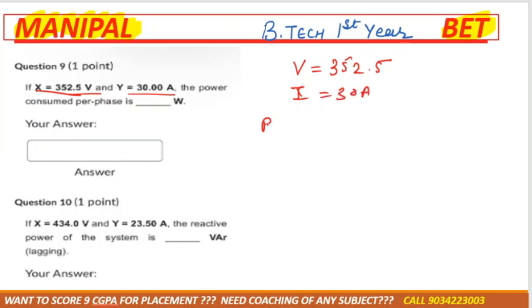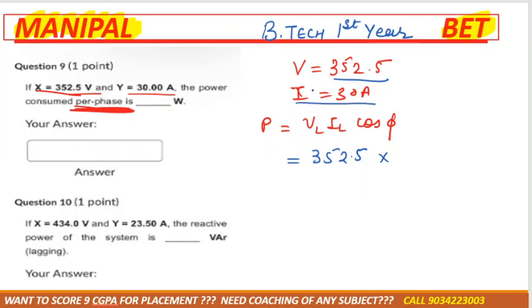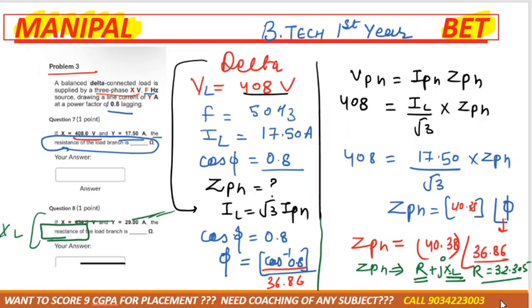The power consumed per phase, they mention per phase, so we'll use the formula VL IL cos phi. Okay, so VL is given, 352.5, IL is given, 30 ampere, and cos phi you already calculated by using R by Z, or phi you already know, that is 36.86.